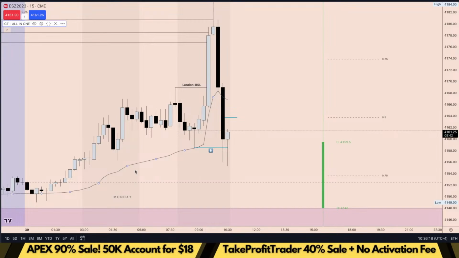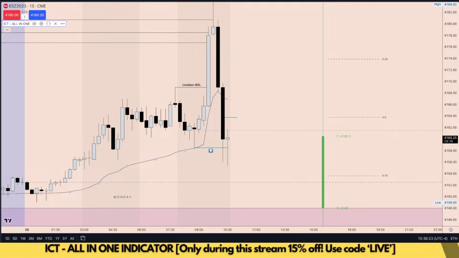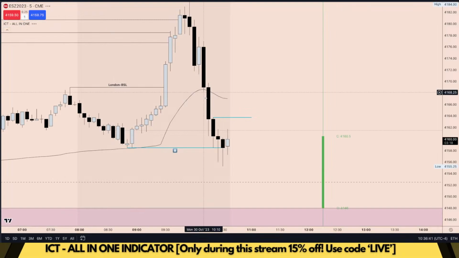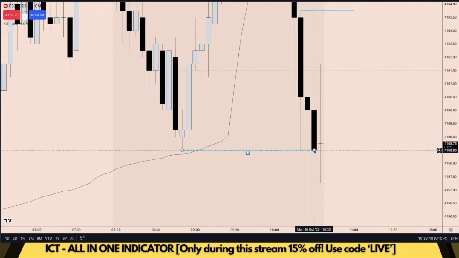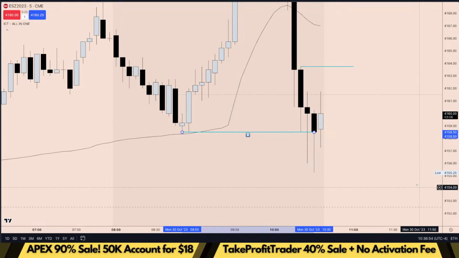15-minute and 5-minute, and we pull back. 8 minutes, 3 minutes left. Let's see. Did we close below or did we close right on it? We closed right on it, so no confirmation here on the 5-minute time frame.